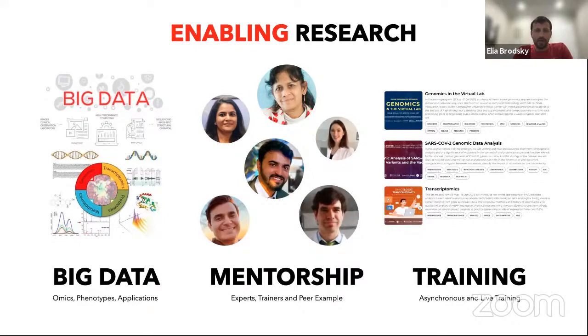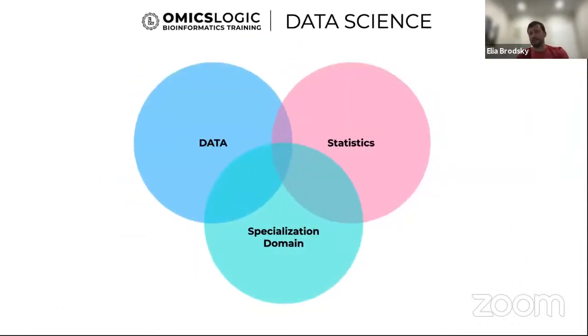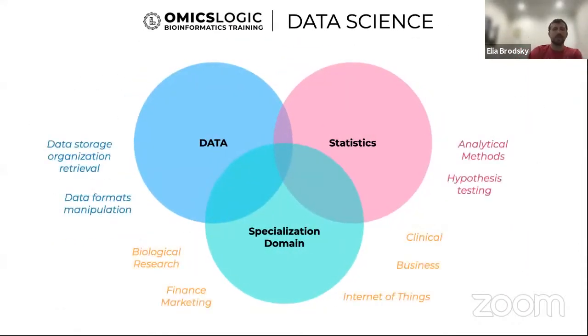Let me go on and briefly introduce this topic of data science. So what exactly is data science? Data science is the ability to work with data, so manipulate data, organize data, and that is informatics. And then to apply meaningful statistical analysis techniques to this data, which include different types of machine learning and statistical analysis and even visualization.